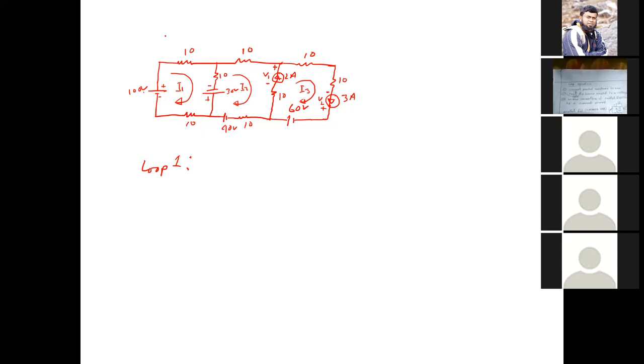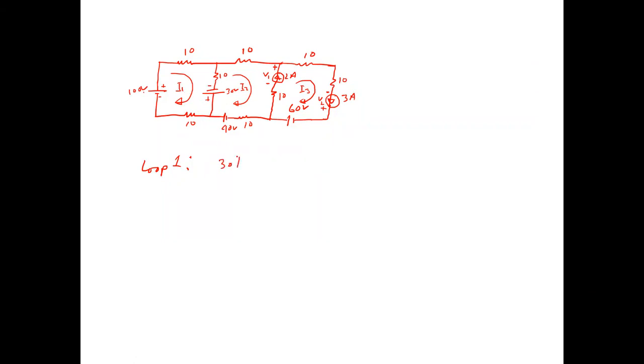So for this loop, total resistance is 30 and current is this I1. Okay, clear? This loop total resistance is 30 and current I1.